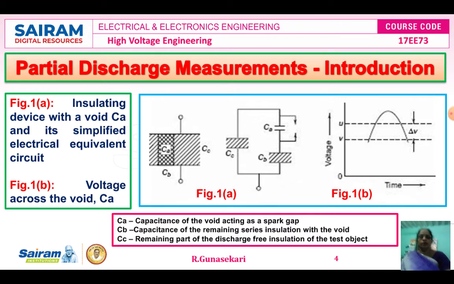Figure B is the time voltage characteristic. Time is taken along the x-axis and voltage along the y-axis. Now you can draw the time voltage wave. In between U and V, that is the change in voltage, that is delta V only.